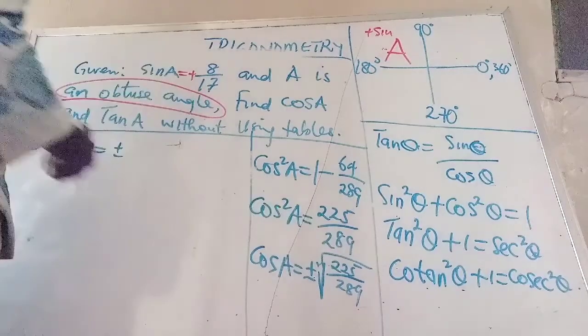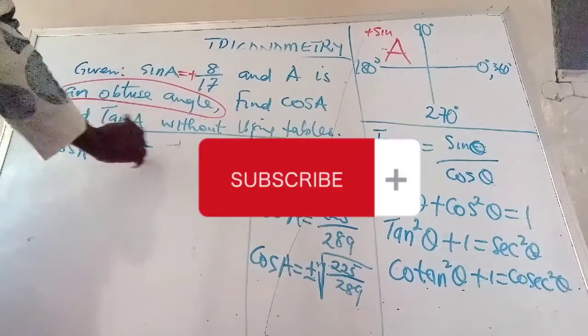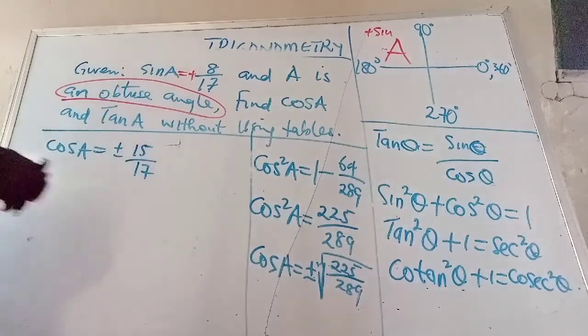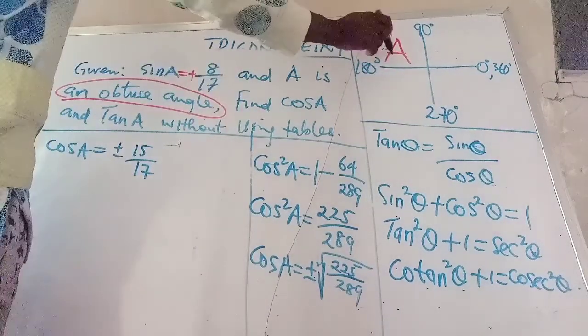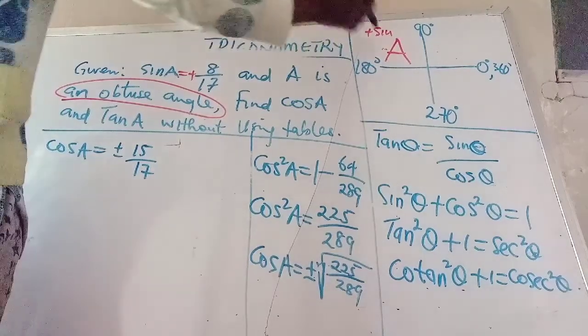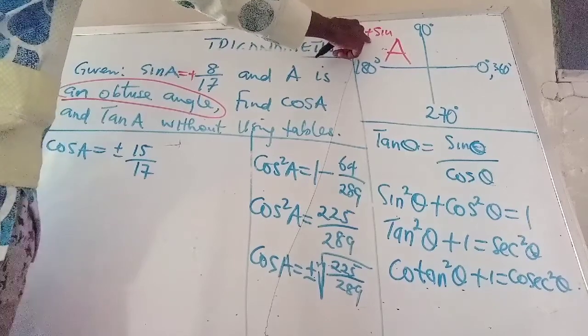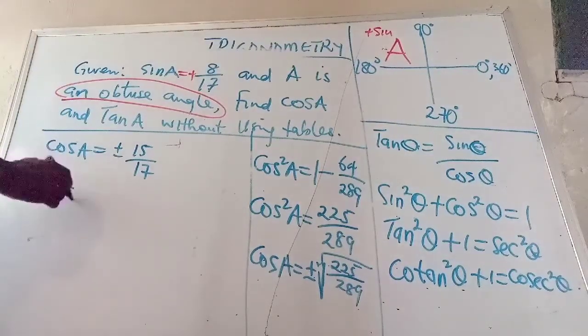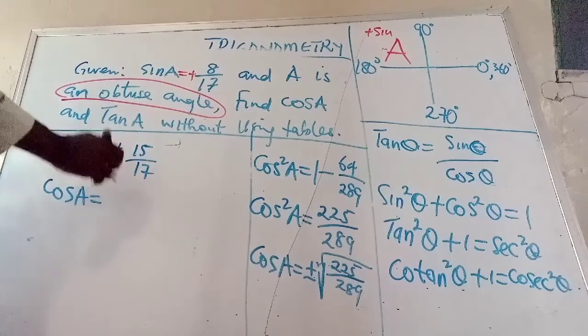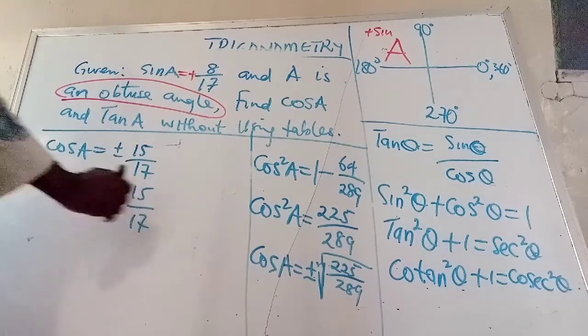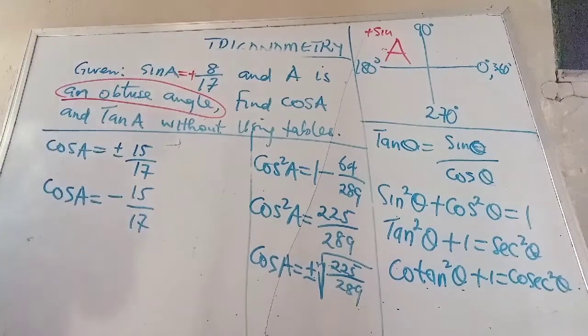Square root of 225 is 15 over square root of 289 is 17. But since A is obtuse and A is within the second quadrant where only sine is positive, that means cosine will be negative there. Therefore, I'm going to choose the negative sign as the answer. So this is our answer for cosine of A: negative 15 over 17.